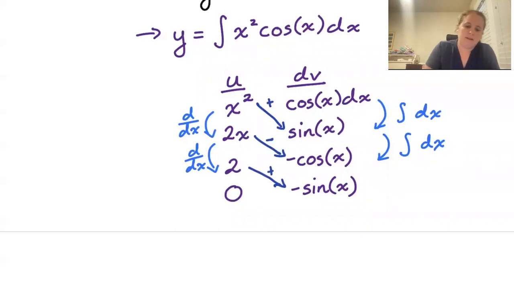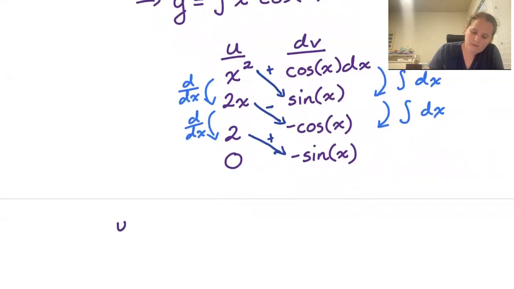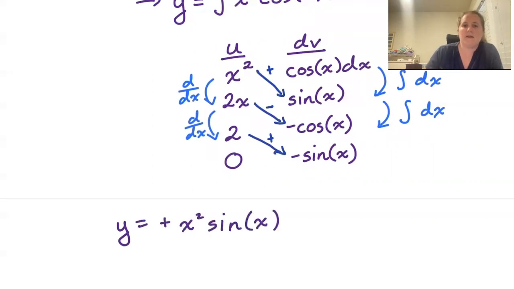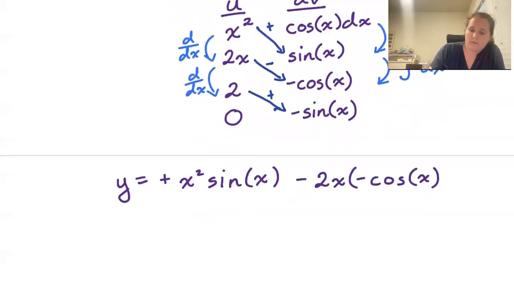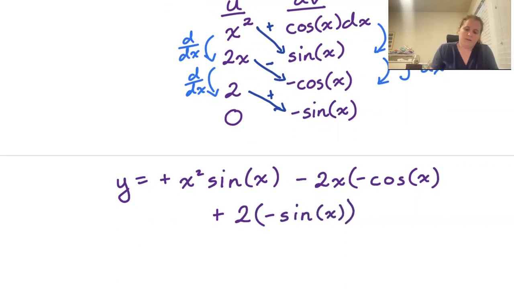So what we wind up getting then is y is equal to positive x squared times sine of x. And then we will subtract off 2x times negative cosine x. Then we will add on a 2 times negative sine x. And then don't forget, anytime we're integrating, we have our plus c.